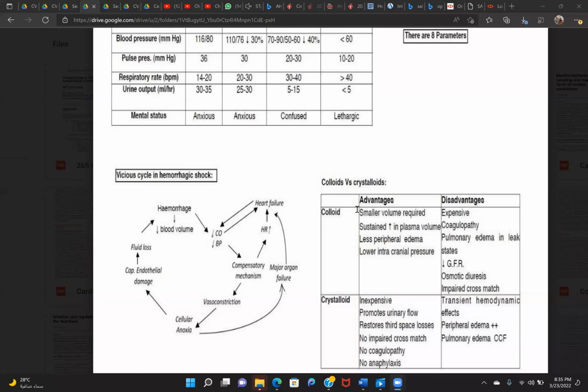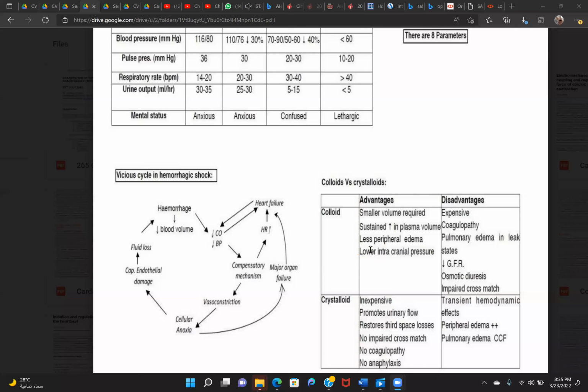The advantage is that it gives better acute volume replacement. You can give colloid or crystalloid initially, but later on you have to give blood. There is not much difference in a condition in which the patient ultimately requires blood.